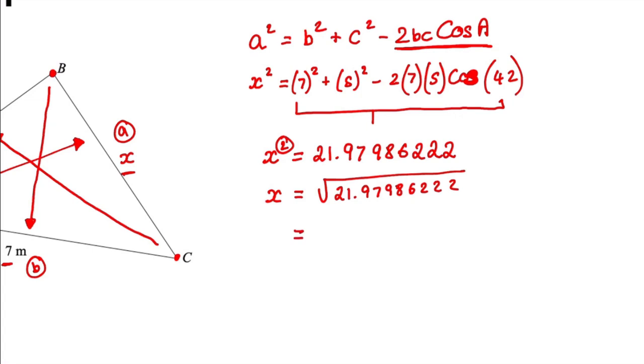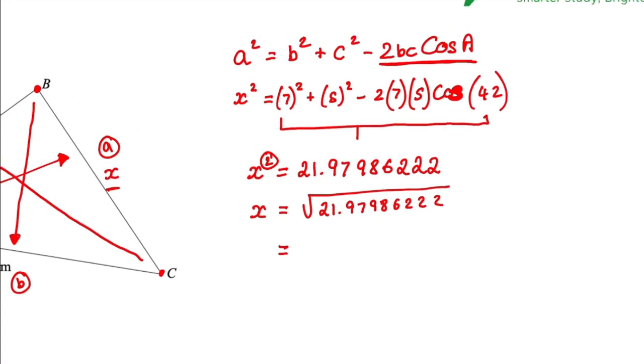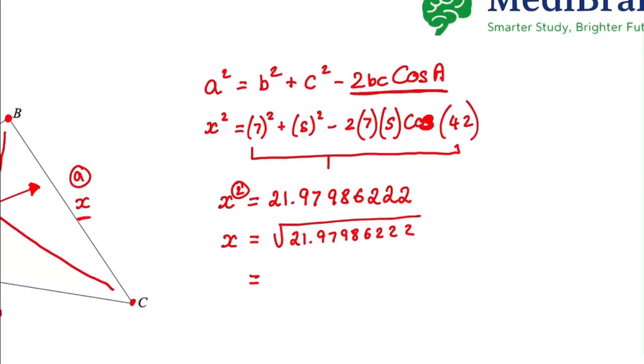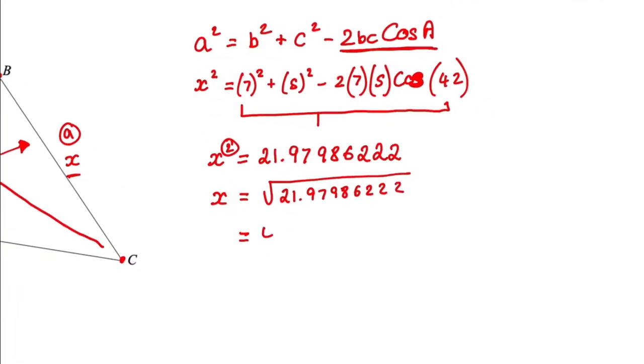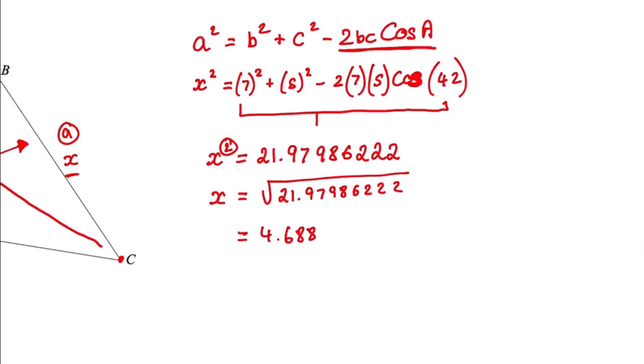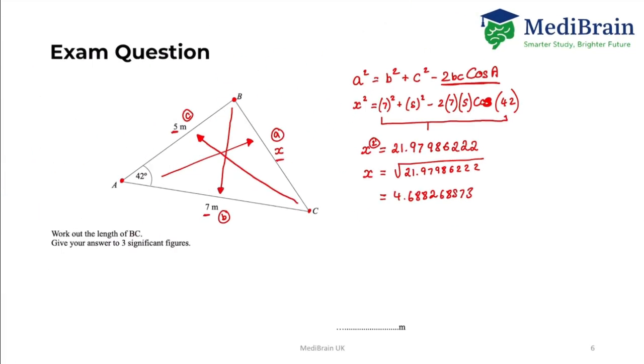If we square root that, we're going to get an answer of 4.688268573. And then it says give your answer to 3 significant figures.